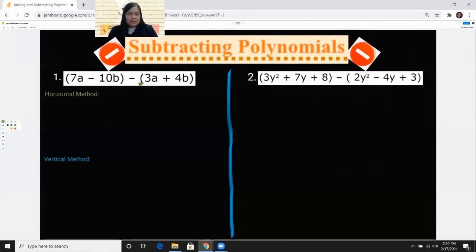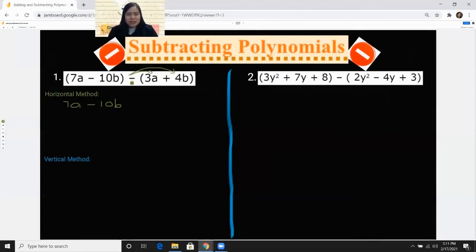How to subtract using a horizontal method? The first step, you will rewrite the first group, which is 7a minus 10b. The second step, don't forget to distribute the negative inside the parentheses. Yes, that is the difference between adding and subtracting.